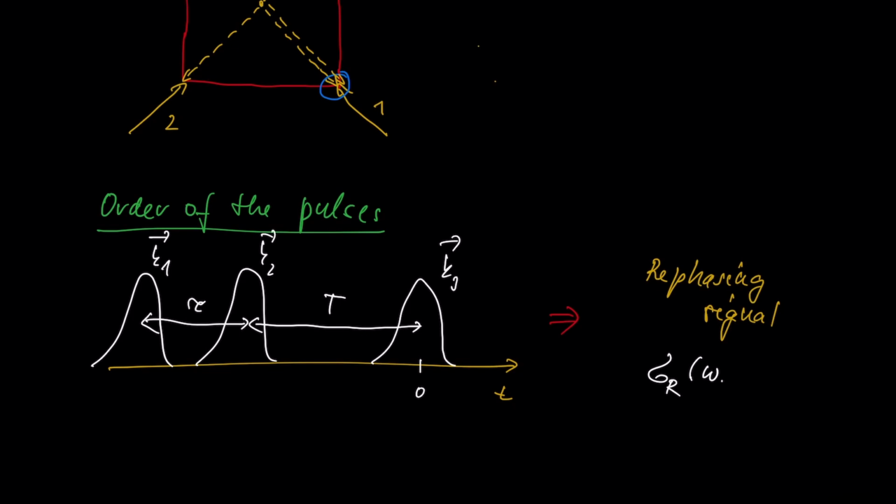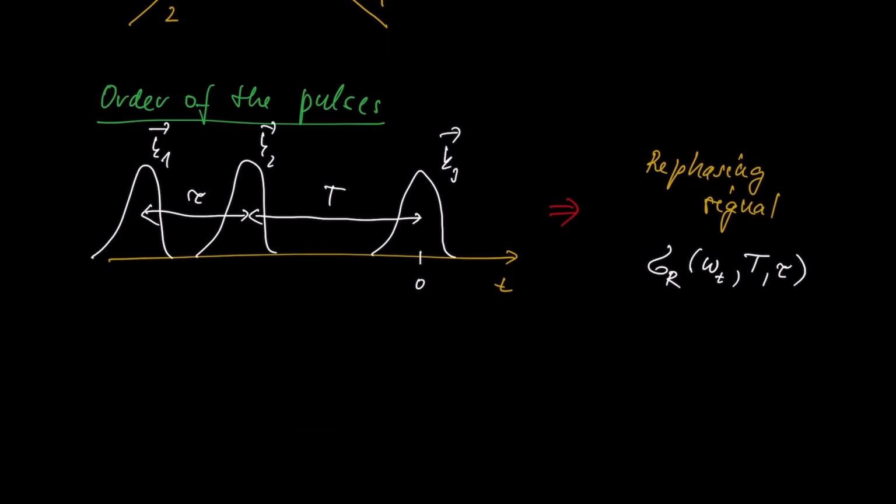So we will measure it frequency resolved, and it depends on capital T and tau, the delays between the pulses. Then the second thing that we can measure, if we stick to the same direction but just switch the order of the first and second pulse, those that have different signs in the way that they combine in our experiment. That's how we can actually distinguish them in the experiment.